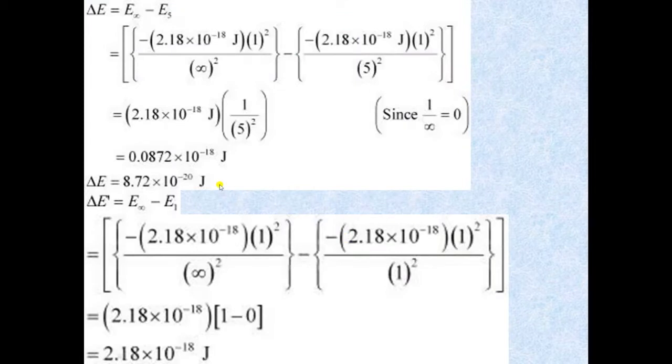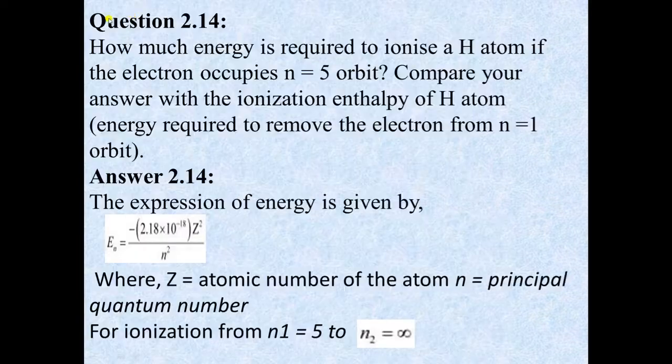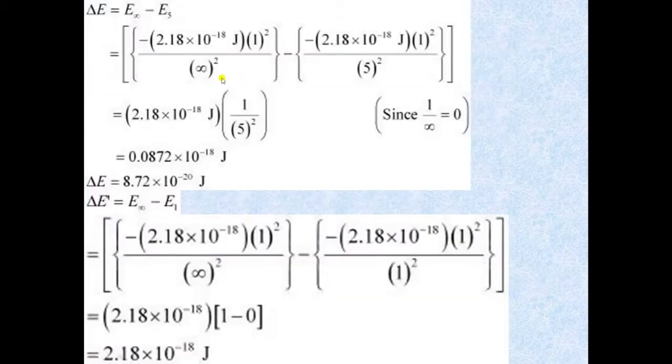In this formula you will put delta E is equal to E infinity minus E5, and you know the formula of energy, it is this. So put the values. When you put the value, here n is infinity and here n is 5. When you solve this, it comes equal to 0.0872 × 10^-18. When you shift the decimal point, it becomes 8.72 × 10^-20 joule.